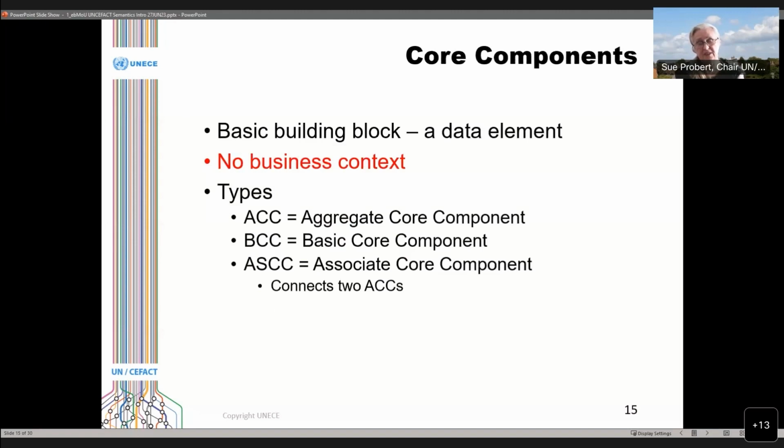This highlights what I've just said. The first layer is the basic building blocks with no business context, made up of classes with simple and complex attributes, known as the basic core components, and the association core components for linking core components together. Thank you. Next slide, please.